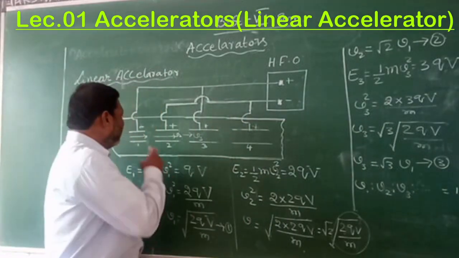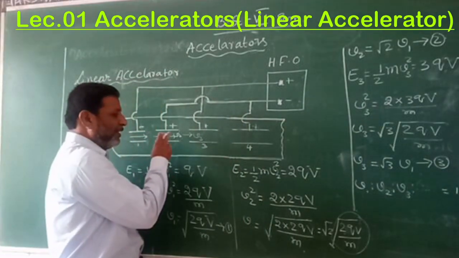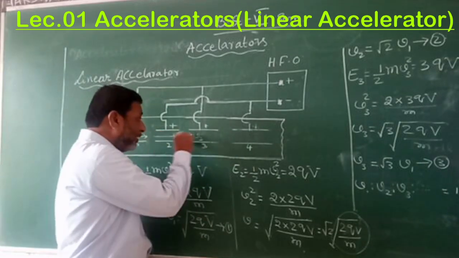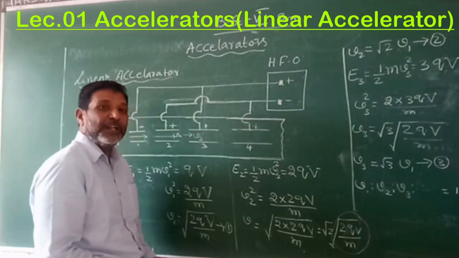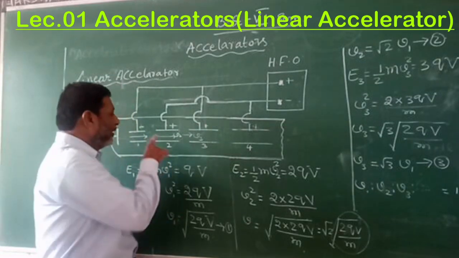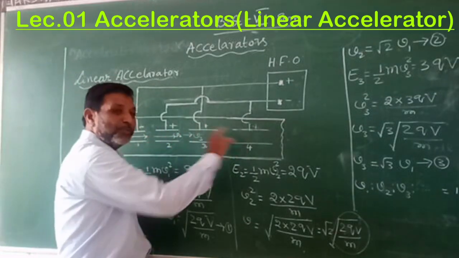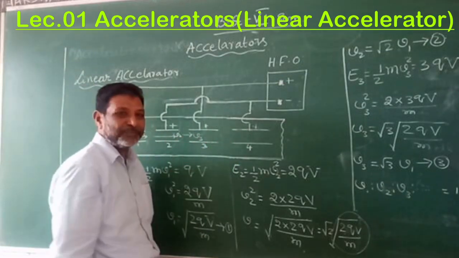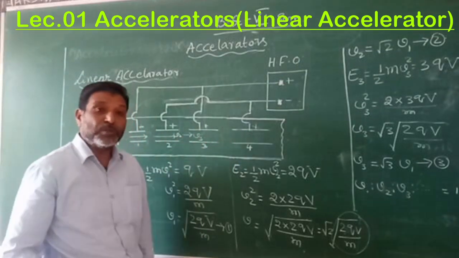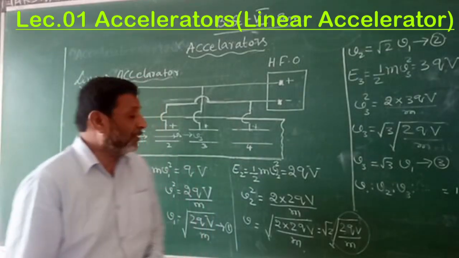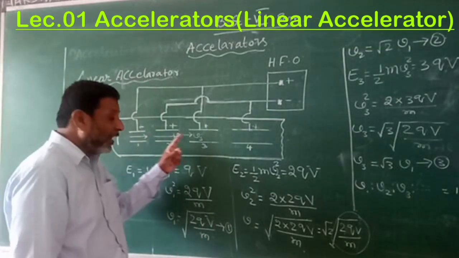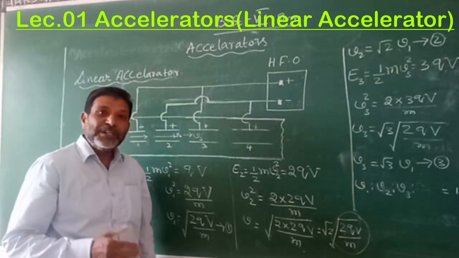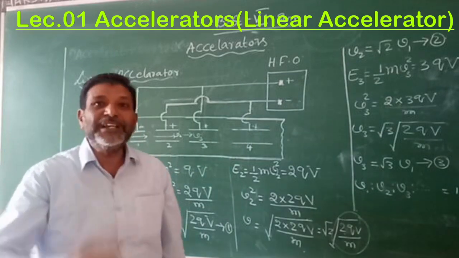While entering from first to second, third to fourth, etc., velocities are increasing, isn't it? Then to maintain the same time, they have to travel more distance, so the lengths are gradually increasing. Now the question is, at what rate must they be increasing?